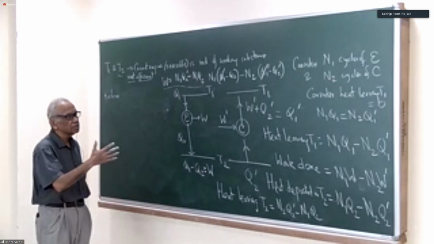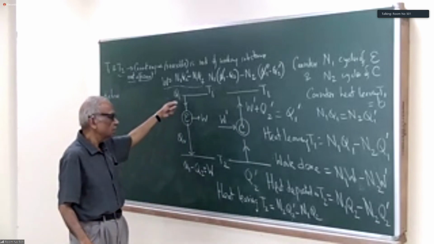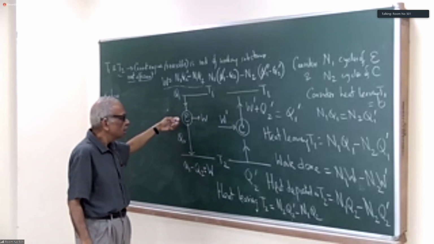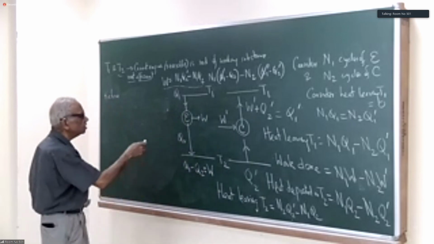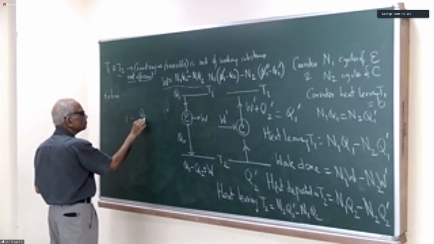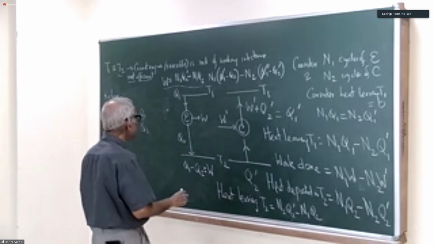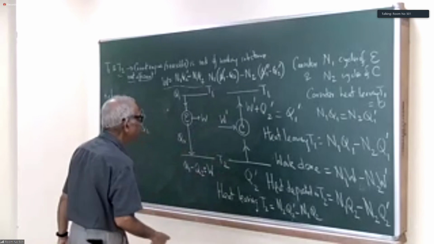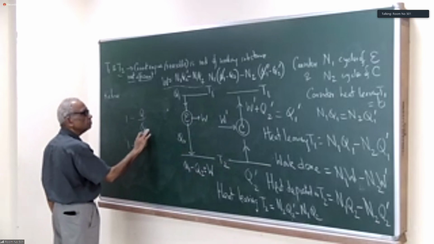So here is a situation where I have taken the normal engine, which has a certain efficiency, capable of running in the forward direction, and its efficiency is given by 1 minus Q1 over Q2. I have taken a Carnot engine which runs in the reverse direction, and the efficiency of this, it should have been Q2 over Q1.